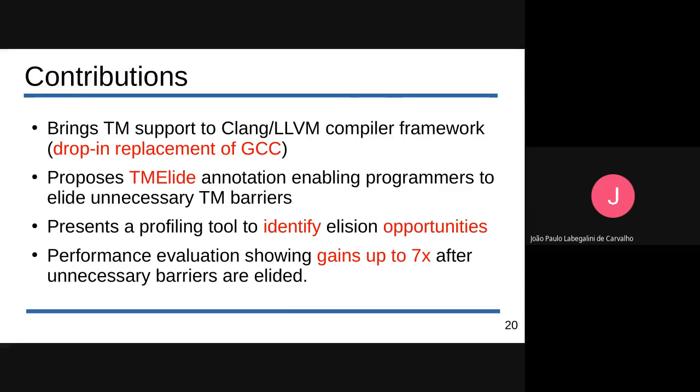Third, we created a profiling tool that is targeted to aid programmers to identify elision opportunities. And last, using the transactional memory annotation, TM-elide, we show that gains up to 7 times are achievable when we elide transactional barriers from transactional code.